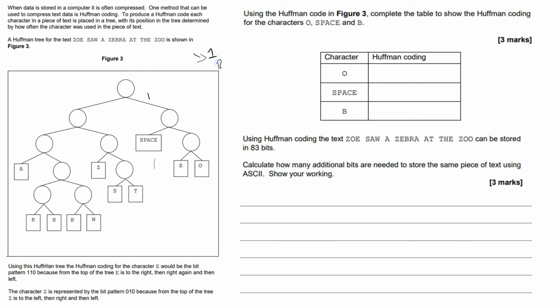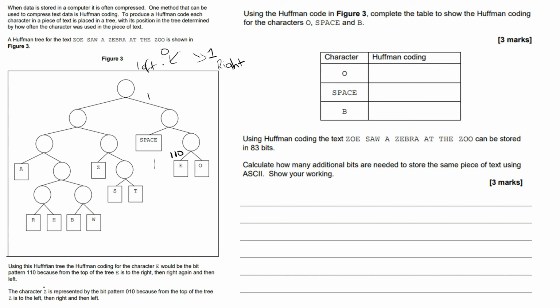So they've done 1 for right, so that means that they must have done 0 for left. So they've gone 1, 1, 0 to get to the E. So 1, 1, 0, right, right, left. It's worth double checking that, just in case it's swapped round, but it's most likely going to be that order in the exam.